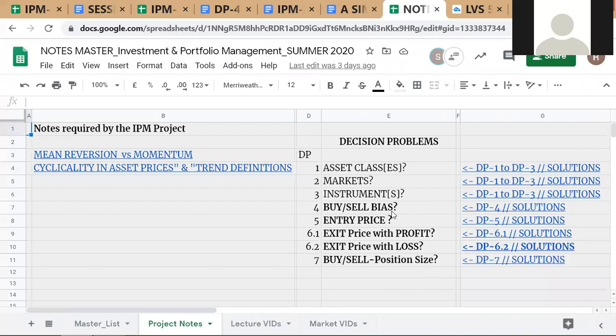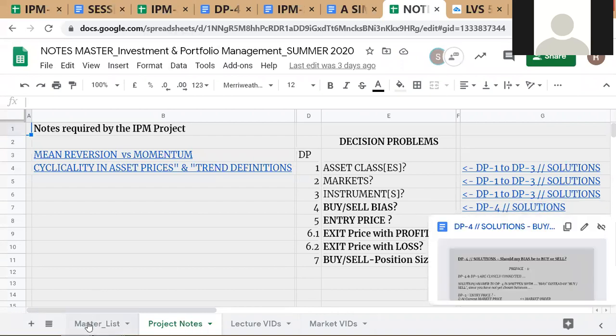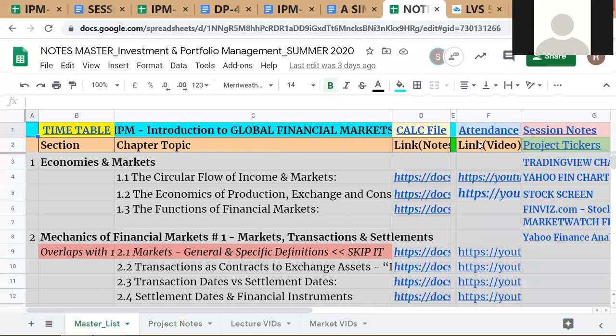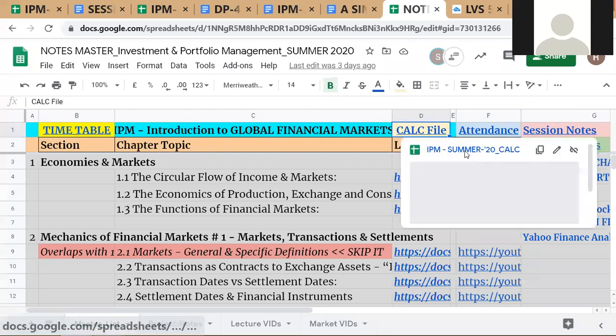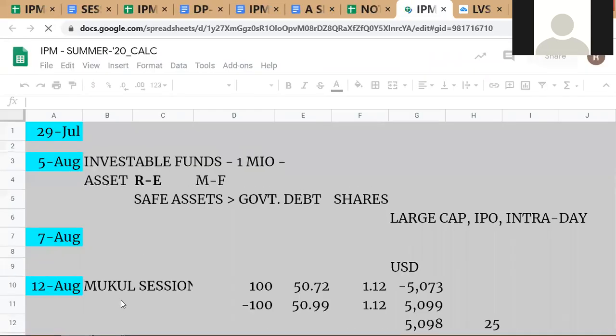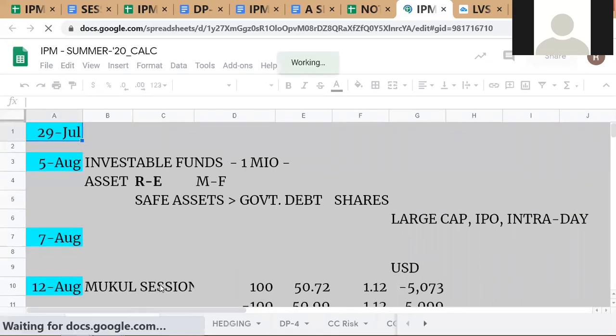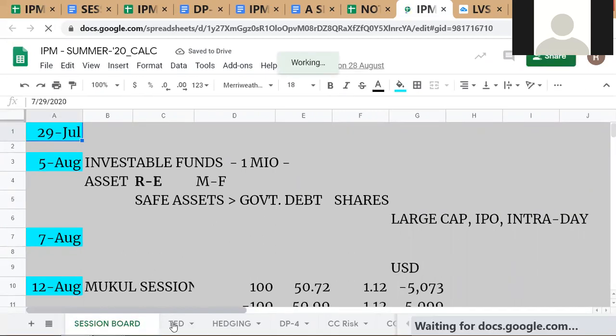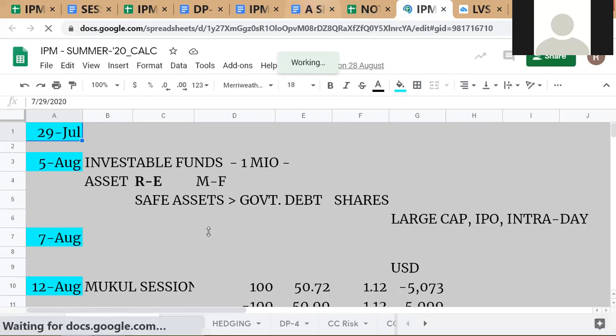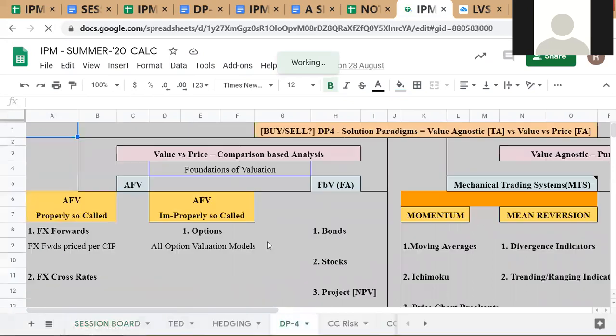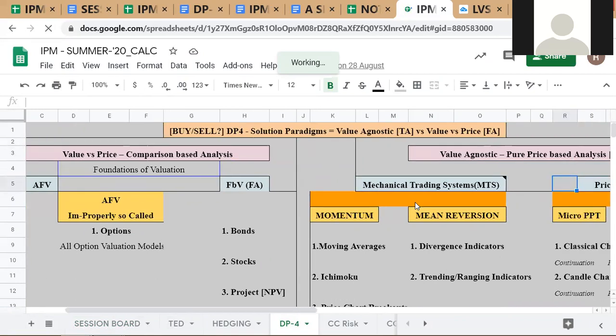Let me set the context once again from the very beginning, and let me look at the calc file here. As you look at the broad question of DP4, that is whether to buy or sell, we discussed an important conceptual framework where you look at 2 broad approaches.